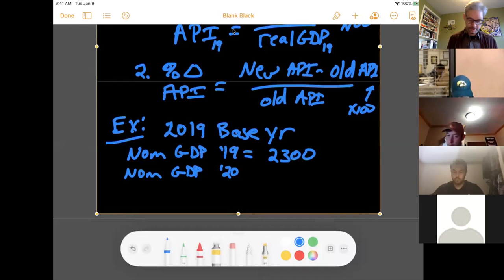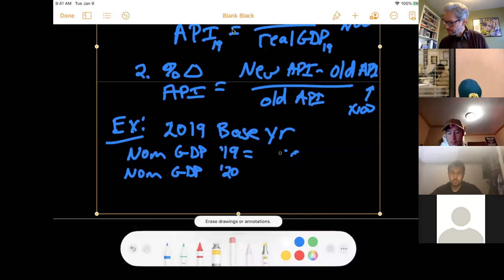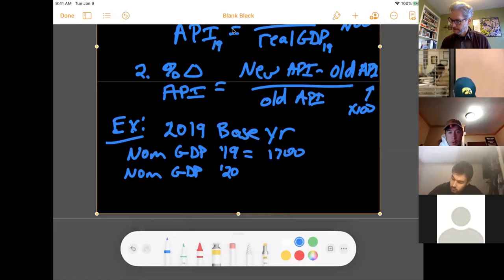I got this right. Nominal GDP in 2019 is 1,700. Nominal GDP in 2020 is 2,300.